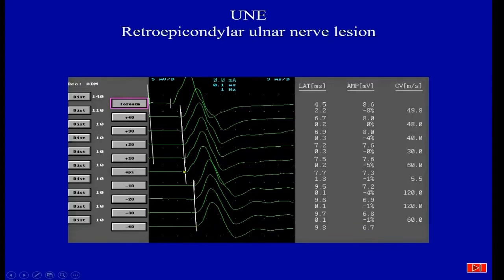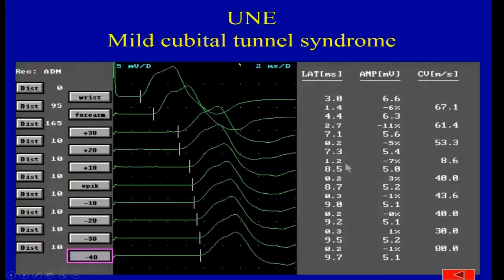We can also use peaks. And then we look at the amplitude of the signals if we have any conduction block. In this case it was just a demyelination, a focal slowing. Here is a cubital tunnel.